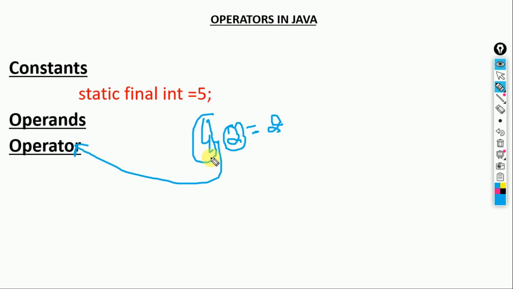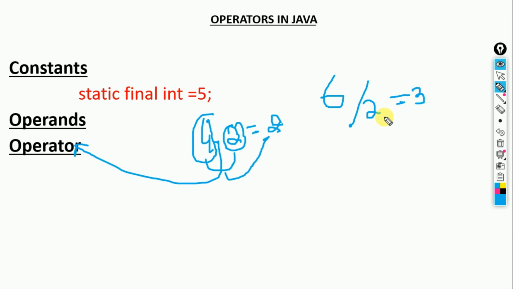The operator has been given an instruction to go for the subtraction, and after the subtraction it provides us the result. So the operator is used as a guide to let the operands know what to do. For example, if I say 6 divided by 2, I know the answer will be 3.